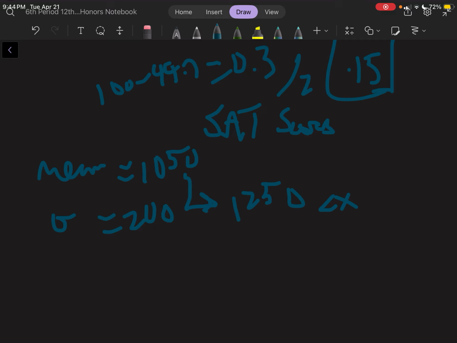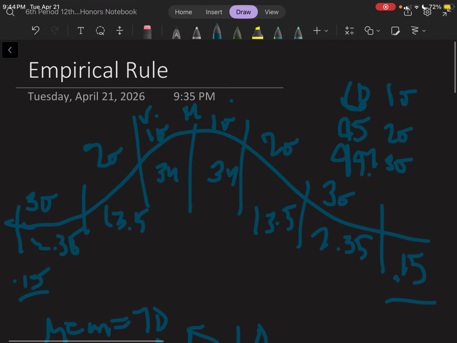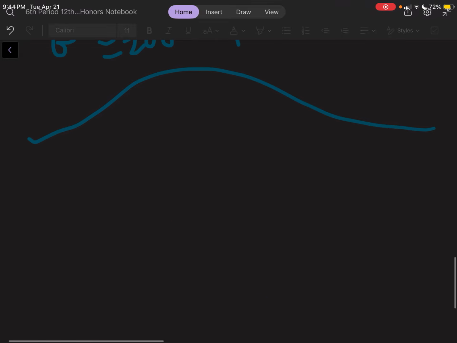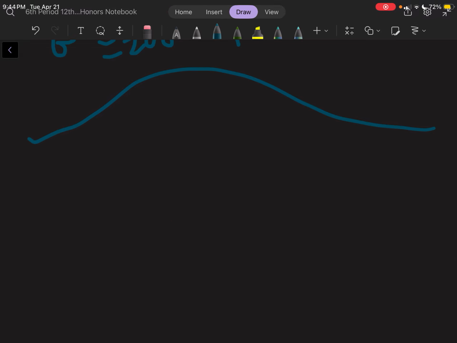Now, the way you show this on a curve, here's the curve, would be like this, with the mean in the middle of 1050, and then 1250, which is one standard deviation away, and you could also put 850 down here. They're trying to find what's above 1250.